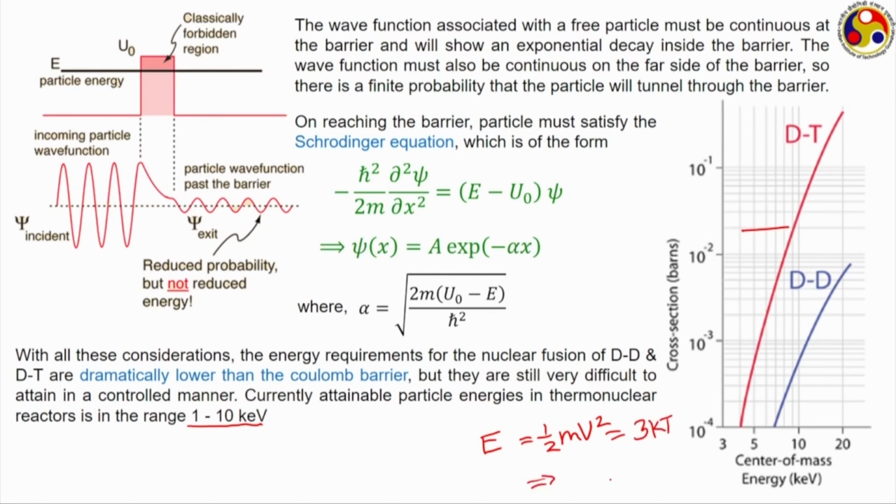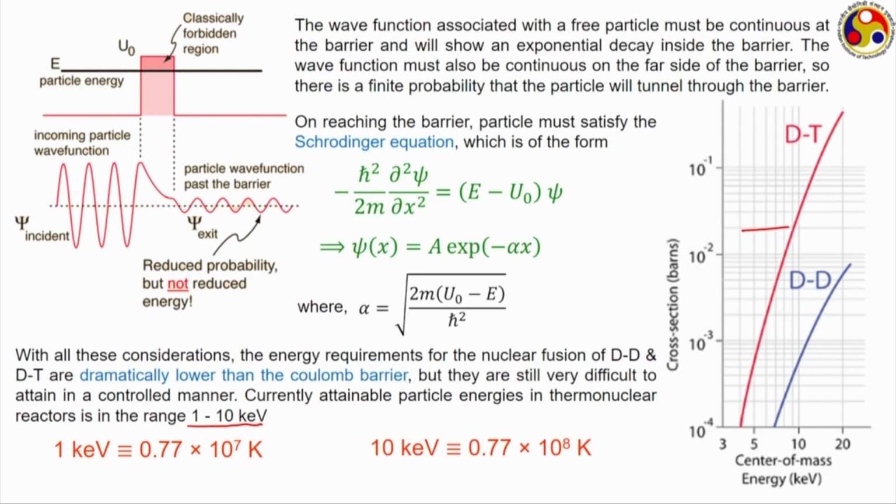From there we can calculate the temperature as E by 3 k, and putting the numbers into the formula, we get 1 keV corresponding to something like 0.77 into 10 to the 7 Kelvin, which is 7.7 million Kelvin, and 10 keV is one order higher, 0.77 into 10 to the power 8 Kelvin or 77 million Kelvin.